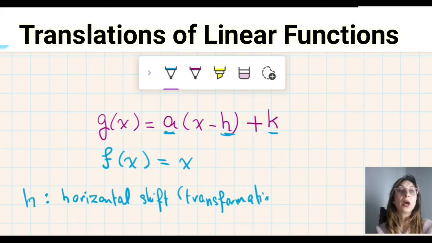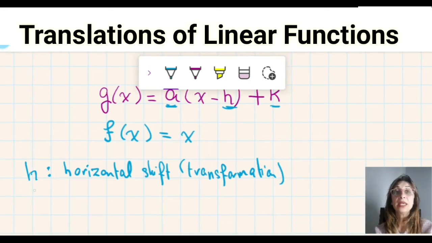How is it a horizontal transformation? If it is positive, it's going to be transformed to the right, and if it is negative, it's going to be transformed to the left. The line is going to be moved right or moved left.